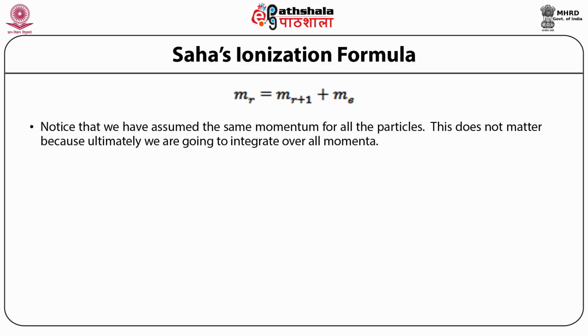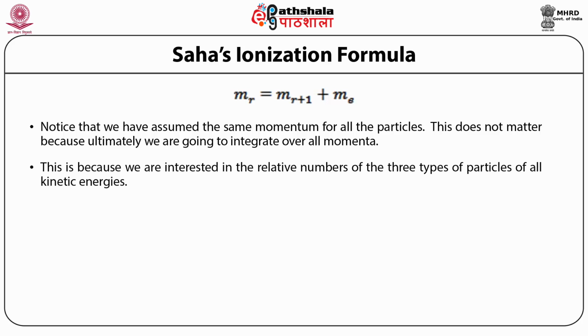Notice that we have assumed the same momentum for all the particles. This does not matter because ultimately we are going to integrate over all momenta. This is because we are interested in the relative numbers of the three types of particles of all kinetic energies.